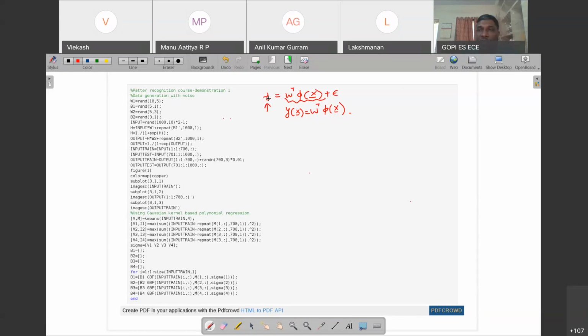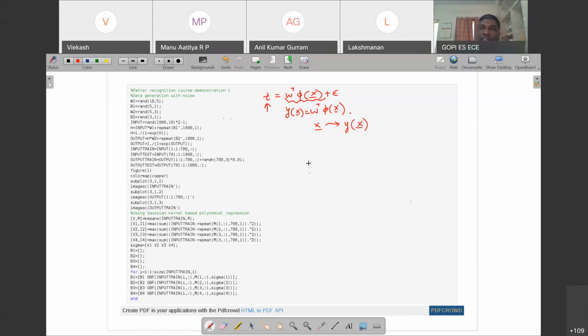This expression relates the vector x and a scalar. The observed outcome is t, but we have a scalar y of x. This is the relationship we are interested in.